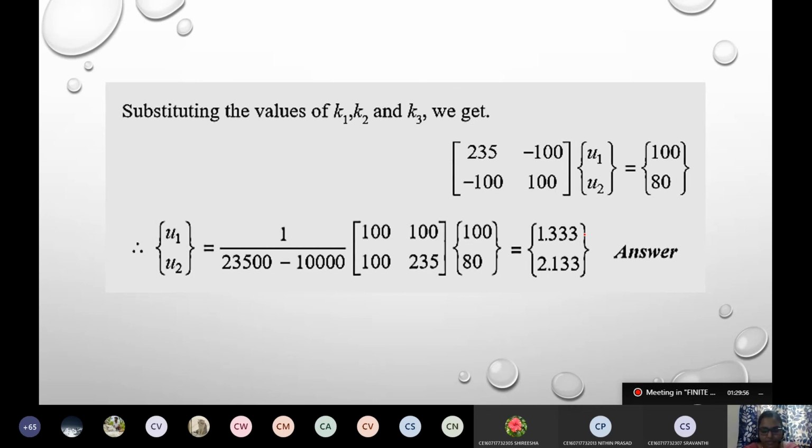Many a time, whether it was elective finite elements or the core paper, from your previous seniors, spring problems have always been in the questions. Make sure you understand the spring problems concept clearly.